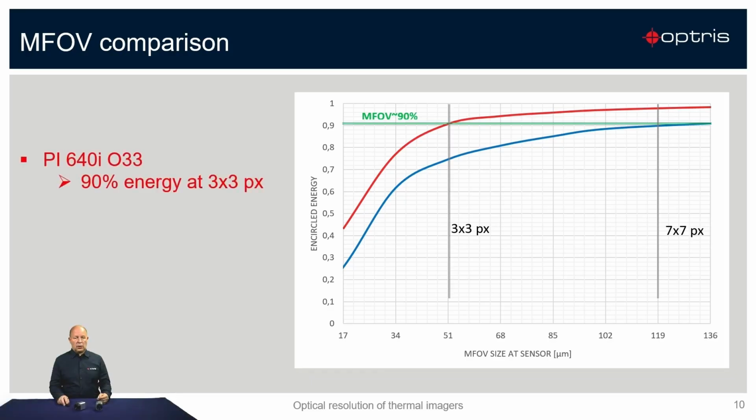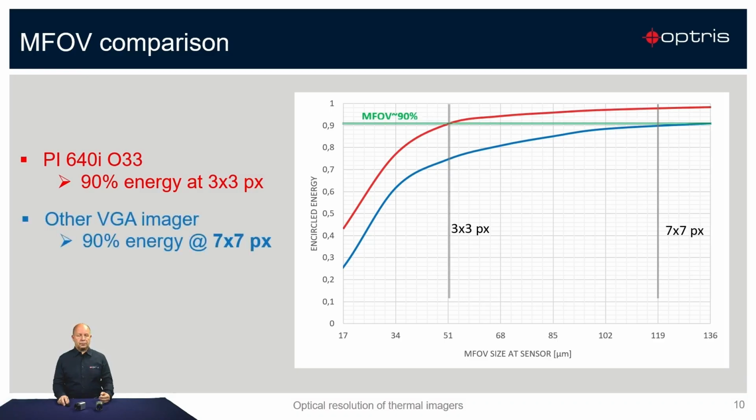Again, this graph shows also the MFOV size at the sensor and the encircled energy, and you see 90% we are reaching here with 3x3 pixel. And with other VGA imagers, here's another example. For example, we reach 90% energy only at 7x7 pixels, depending on the optics. So what does it mean? I mean, basically people tend to compare only number of pixels.